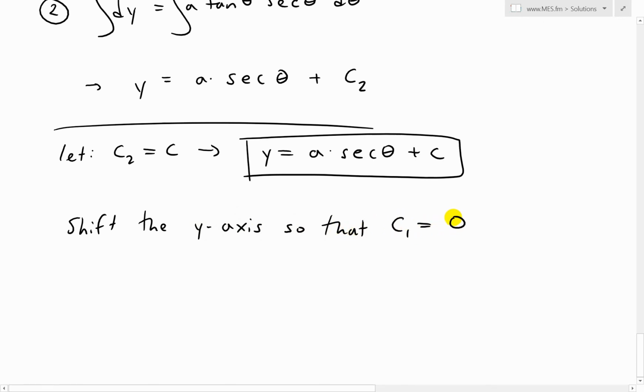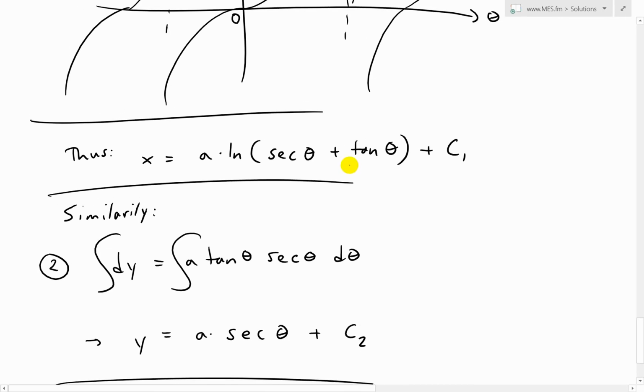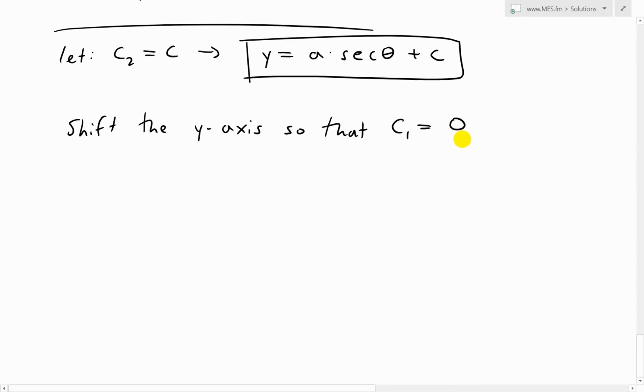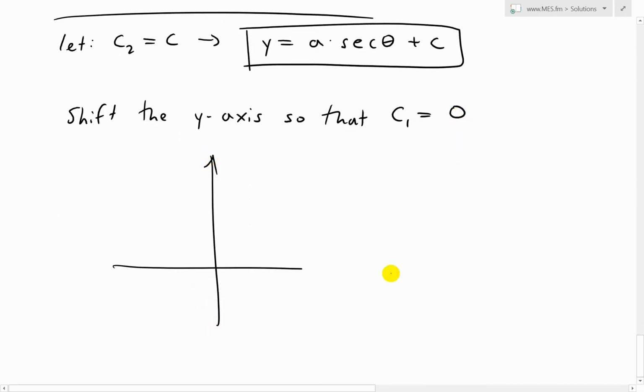In fact, we could do that for both, and the reason is, just look at what this x is equal to. If we had an arbitrary point across here, this is going to be y. This is our x, and the x position right here is such that we have a constant c1.